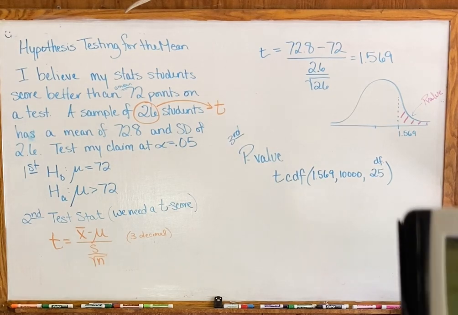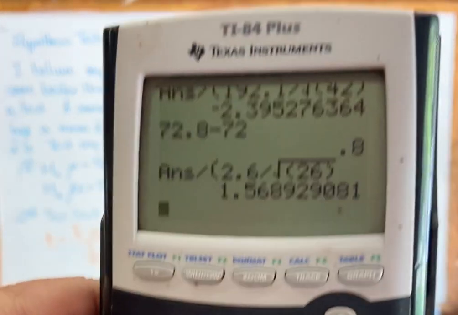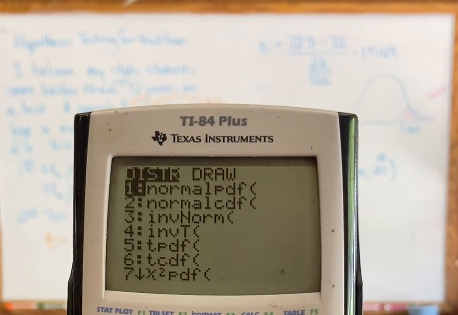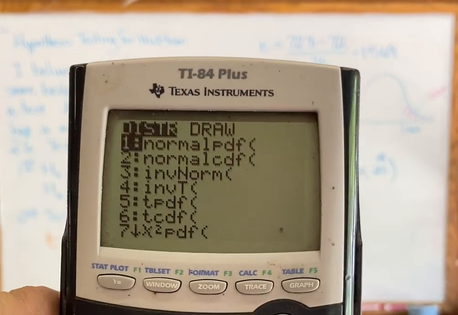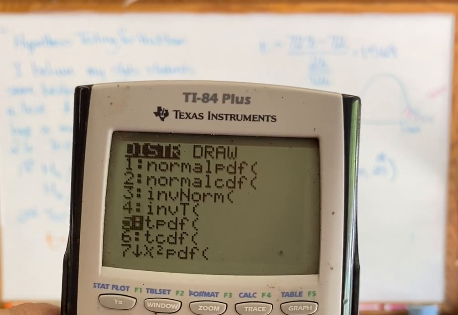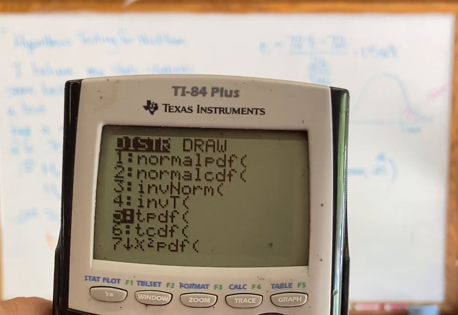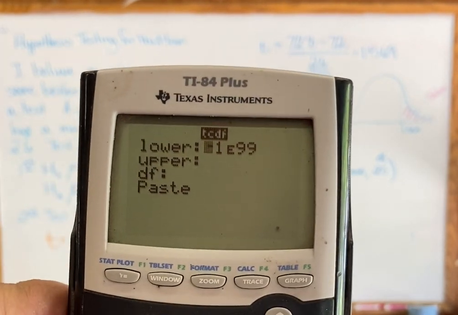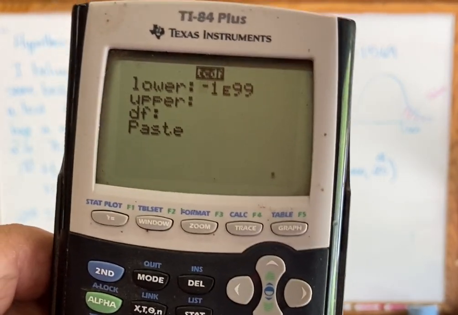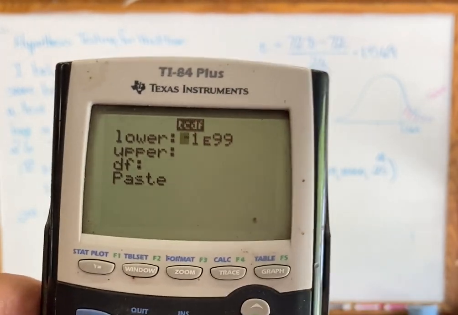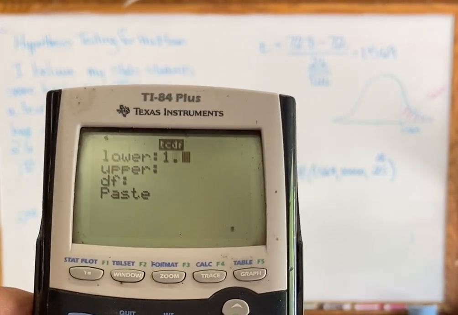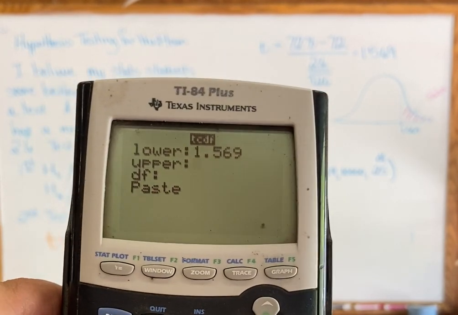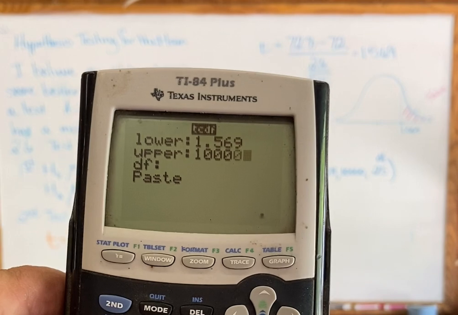Again, if you're starting fresh, we're going to go the same place where the normal CDF is. So second distribution, but we're just going to go down a little bit further. So there you see we're at TPDF, but we don't want that one. We want TCDF. So we click enter. Now again, if your calculator gives you the parentheses, you're going to do the way it's on the board. Here, it's giving us prompts. So 1.569, upper would be 10,000.